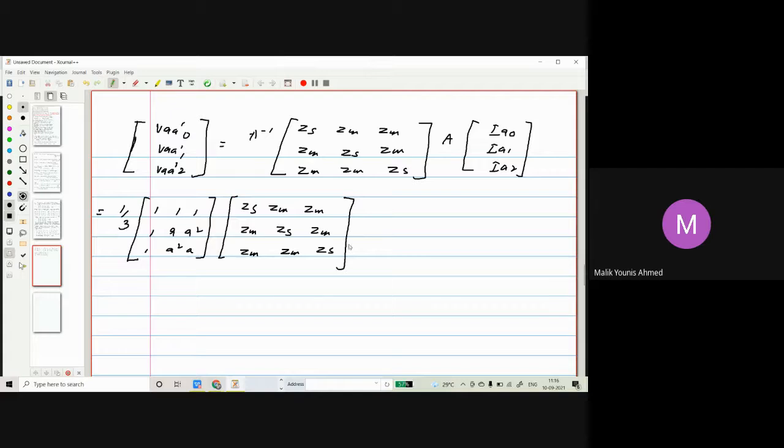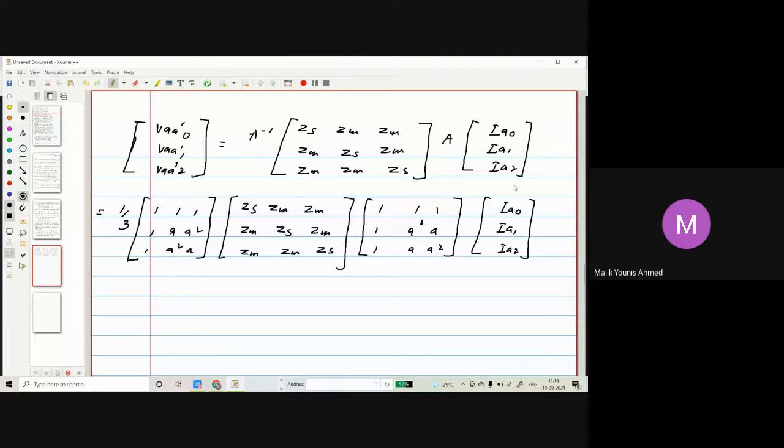The A matrix is simply 1, 1, 1. This is 1 here, and this will be just opposite to this: A square, A, and A square. Close it, and then we have symmetrical components I0, I1, I2.